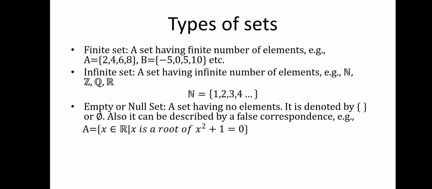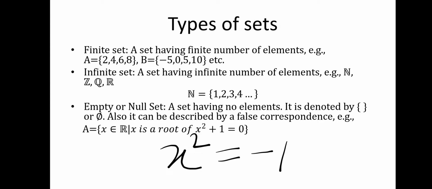If x square plus 1 is equal to 0, that means x square is equal to minus 1. No real number when squared gives you a negative number. So no such real x exists, and hence the set A represents an empty set or null set.